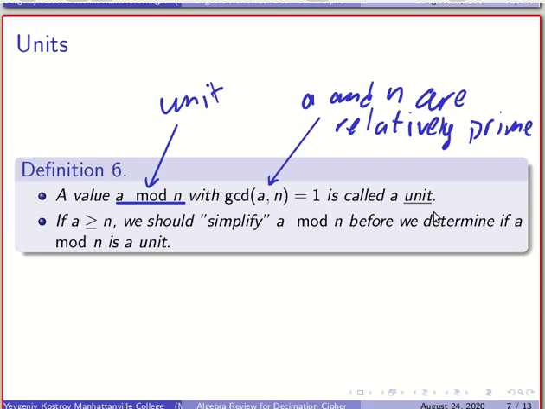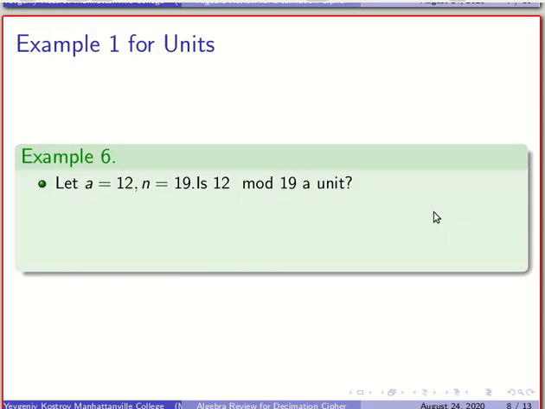So what do I mean by this? Let's look at a few examples. In the first example, we have a equal to 12 and n equal to 19. The question is: is 12 mod 19 a unit? To answer this question, we have to calculate the greatest common divisor of 12 and 19. And we can see that since 19 is prime, there are no other factors besides 1 and 19.